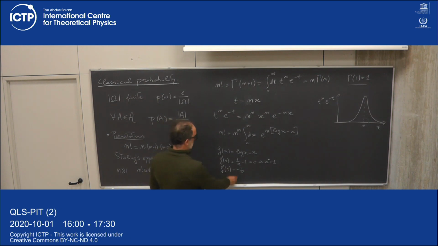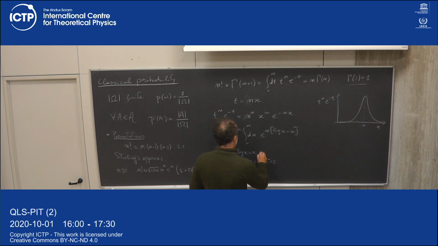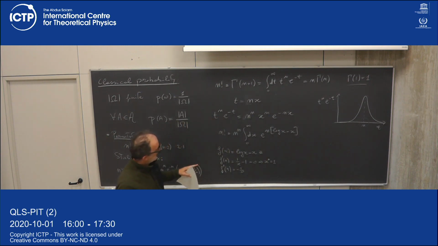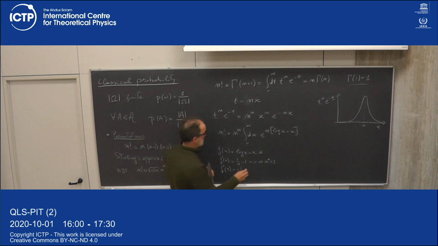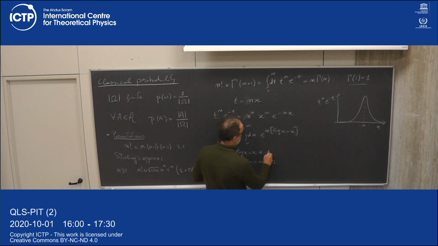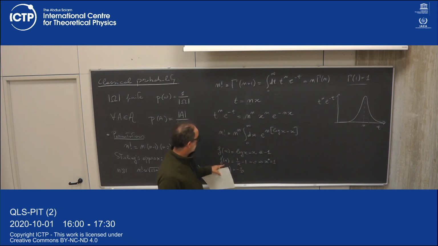So I can approximate this function close to the maximum. The function in 1 is equal to minus 1, plus the first derivative times x minus 1, but the first derivative is equal to 0.